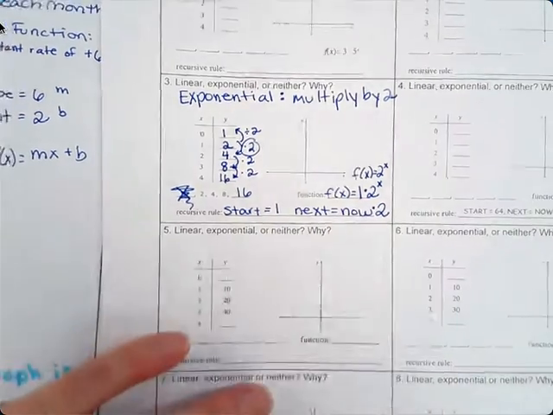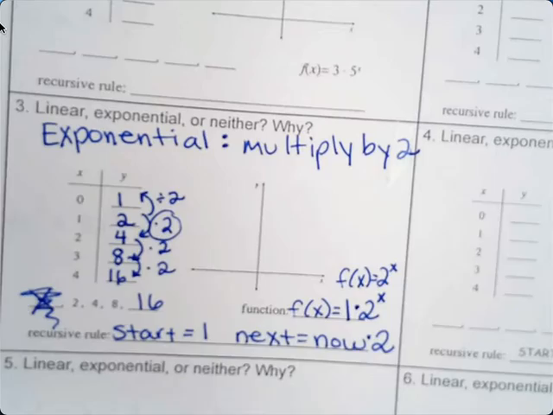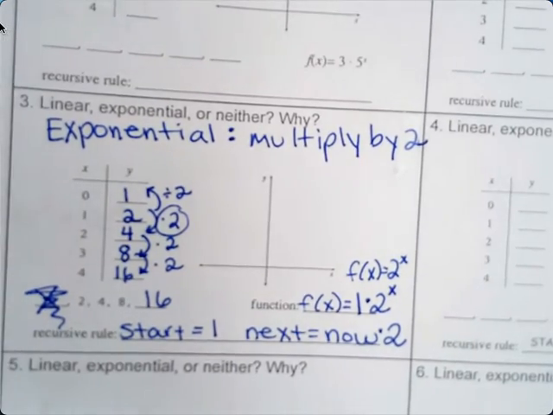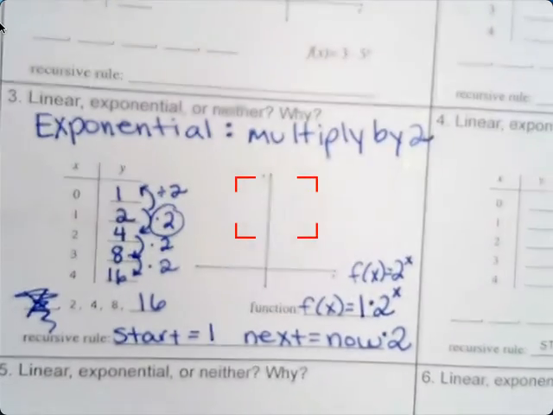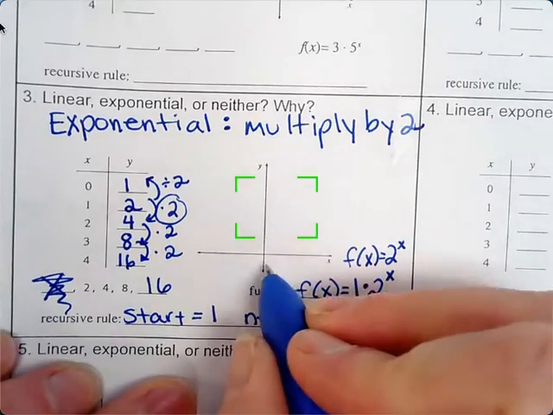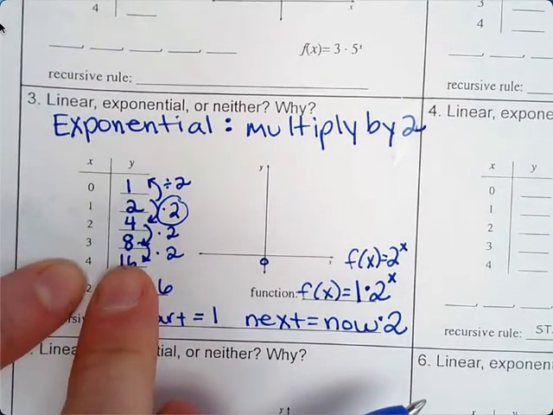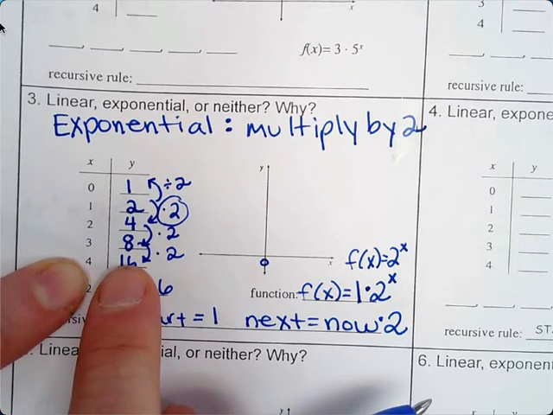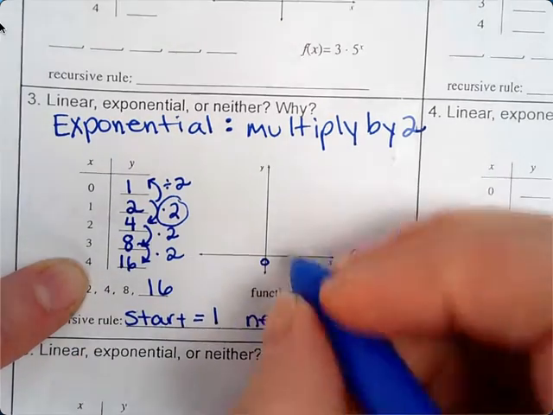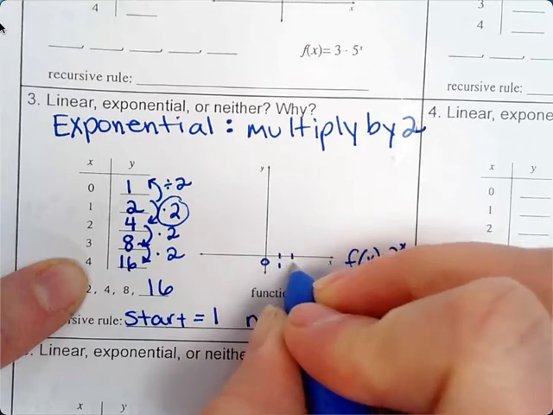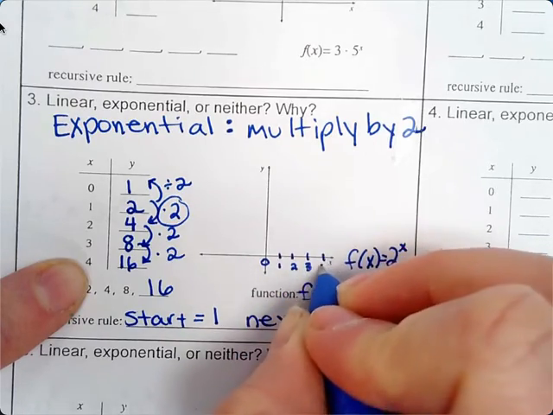All right, let's do our graph now. There's no numbers on here, so we have to come up with our own. Let me zoom it in a little bit. So we know this will be 0. We could probably get up to that 4th one, so let's do the x-axis up to 4. So 1, 2, 3, 4.